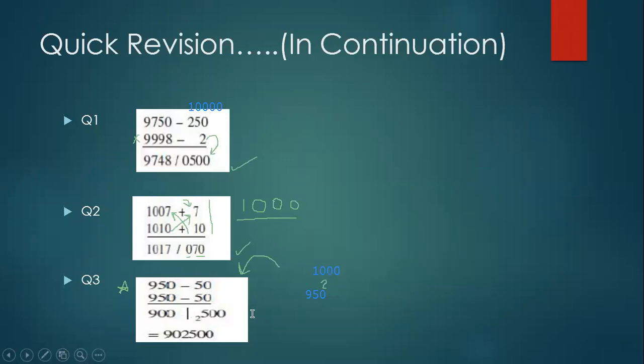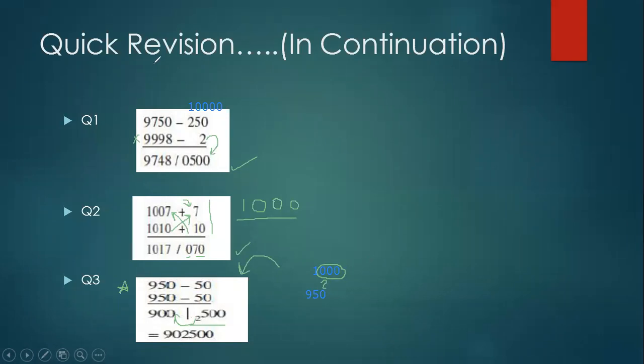So 50 less, 50 less, when I multiply, I get 2500. So this 2 becomes my subscript. Why? Because I need to carry it. The reason is here I cannot have more than 3 places because there are 3 zeros in my base. So this 2 becomes a carryover. So it becomes 900 plus 2 right away.